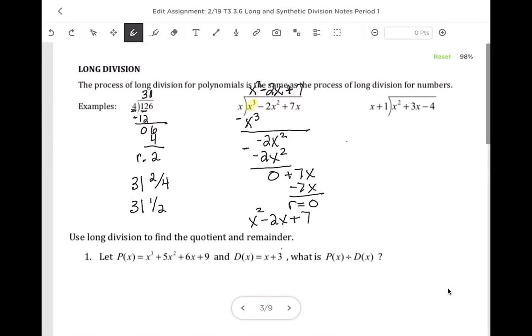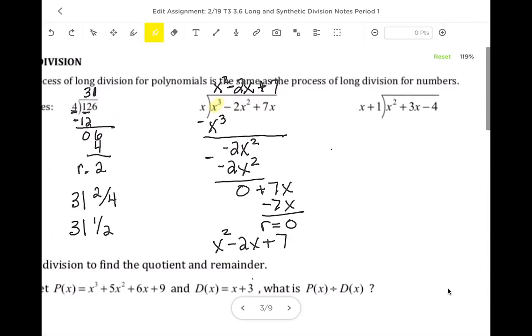Okay, third example. So in the second example, we had a single term dividing into a polynomial. In the next one, we have a binomial dividing into a polynomial or a trinomial. Here's what we do. We still only do this one divided into that one.